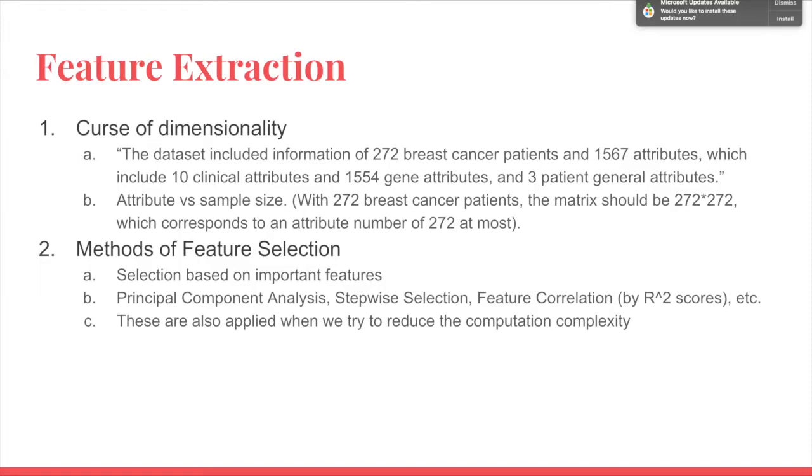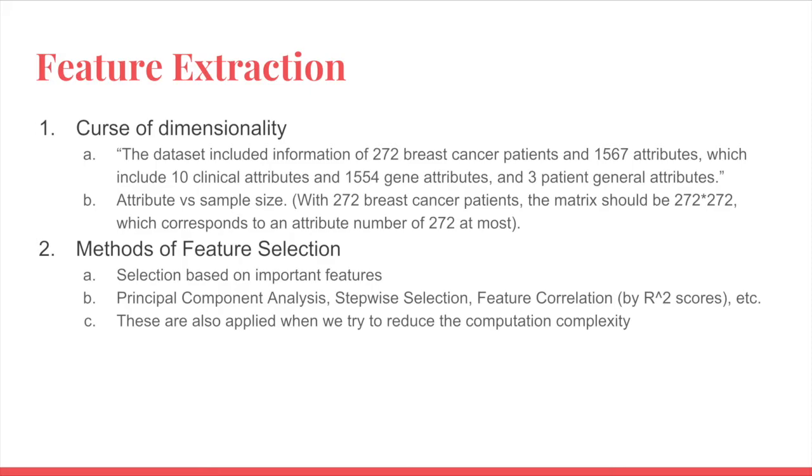Also, aside from the curse of dimensionality, there are other situations where we can use feature selection too. For example, if we have too many attributes and a lot of samples, we don't have to worry about the curse of dimensionality. But the computation time is still very time consuming and resource consuming.